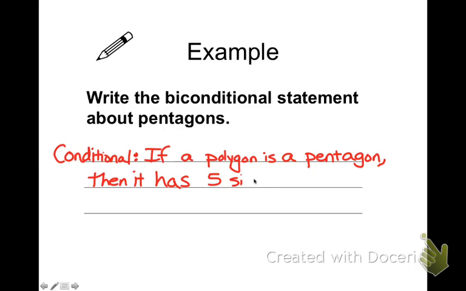Is that true or false? True. So if a polygon is a pentagon, then it has 5 sides.